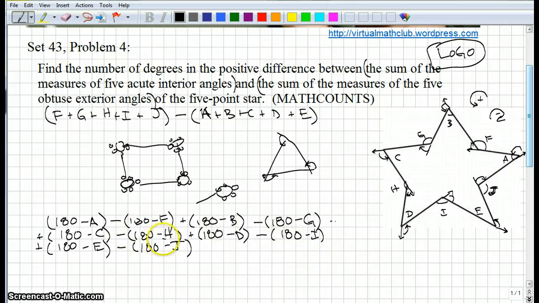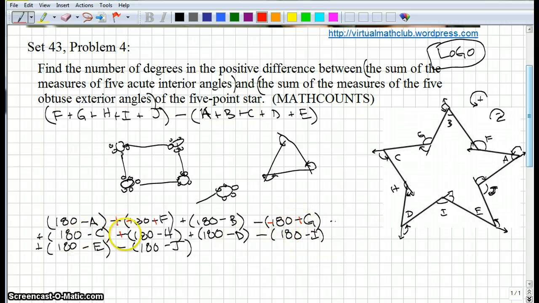So let's simplify this. I think the first thing I want to do is, I've got the negative of this thing, so I'm going to distribute the negative signs. Here is a negative 1 times this whole quantity. So I'm going to negate the 180 and make the negative a positive.